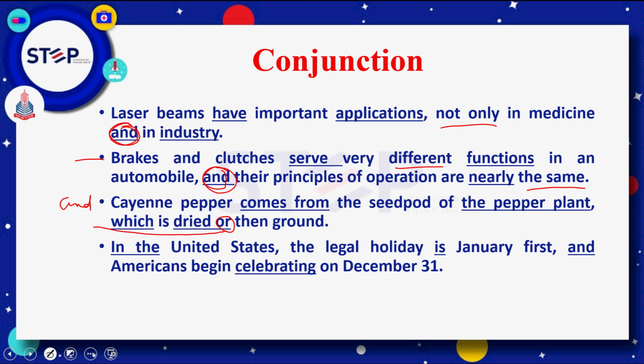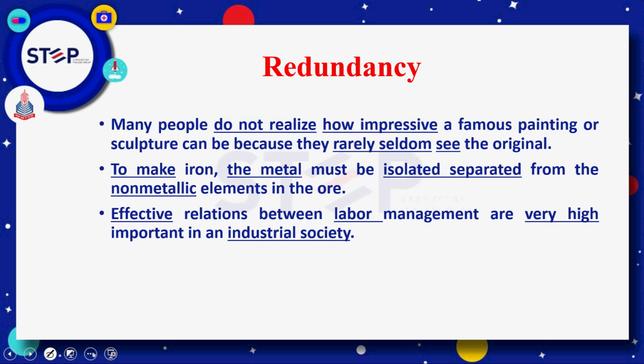In the United States, the legal holiday is January 1st, and Americans begin celebrating on December. This and is wrong. There should be so, because it is not introducing two parallels, rather it is introducing the cause and effect stream. So is used for the cause and effect stream.